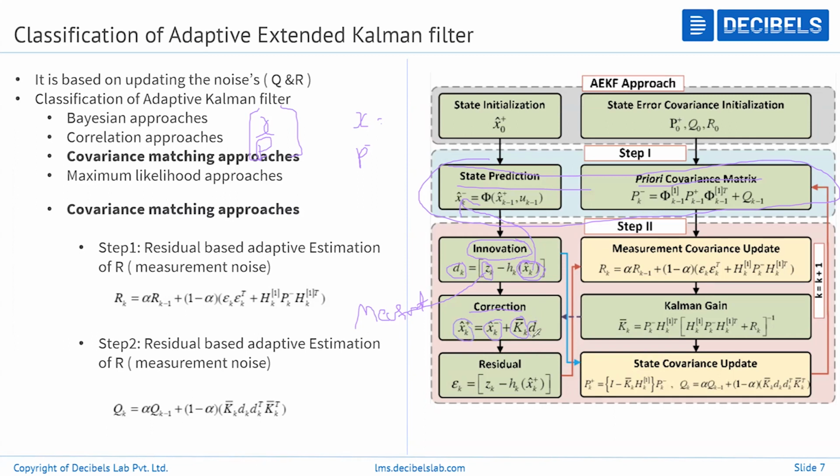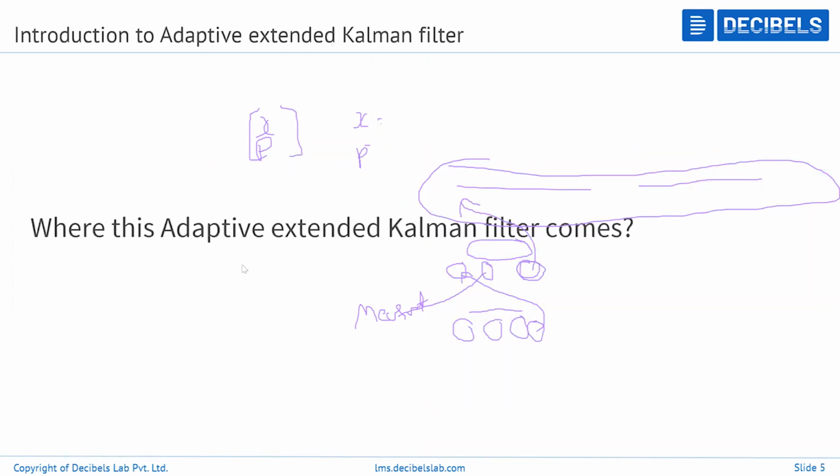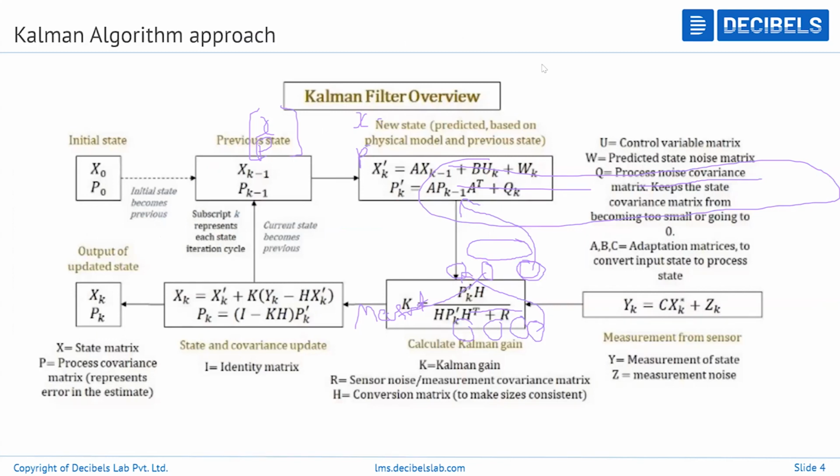And d of k is nothing but the difference of the measurement and the predicted state. If you remember the previous one, this one and this one are both the same.